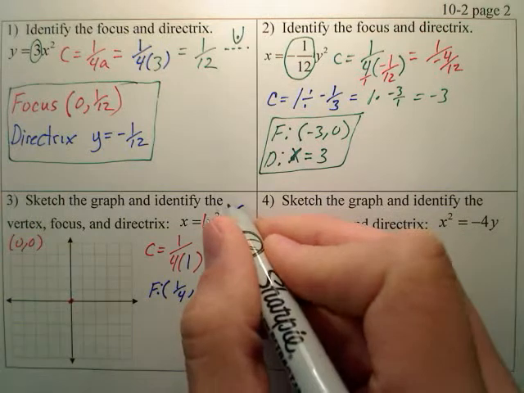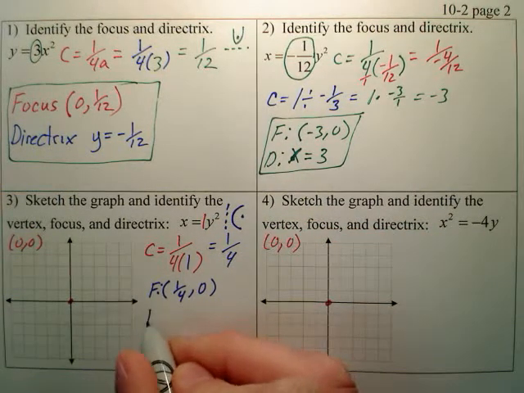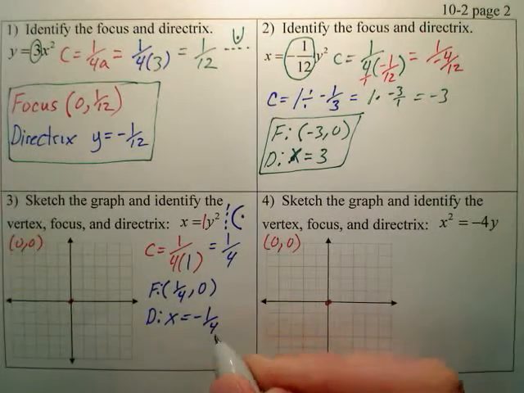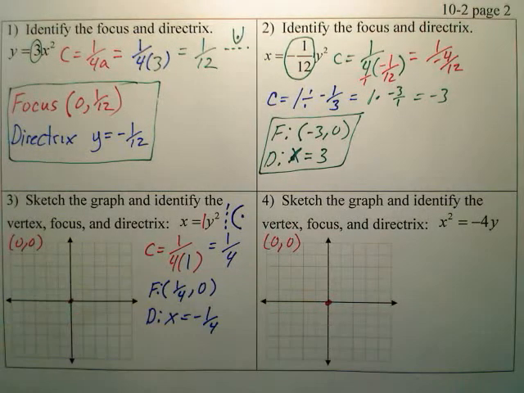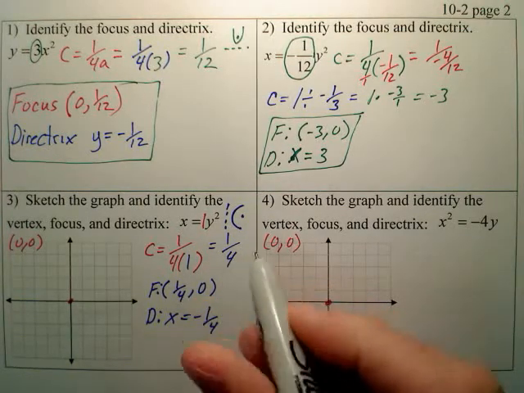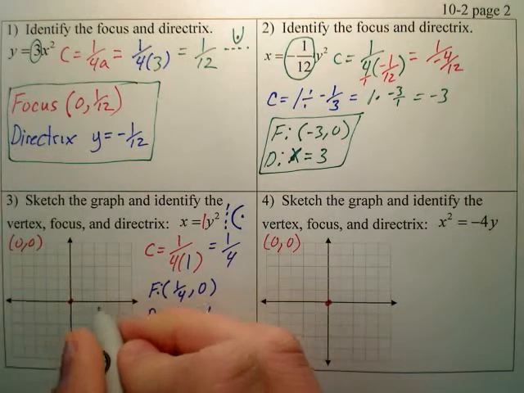And my directrix will be a line over here, in the opposite direction, and it's a vertical line. So my directrix is going to be x equals negative 1/4. So I got my focus, directrix, and vertex, and now we're going to graph it. Now, let's plot these, but since you can see these numbers like 1/4, I'm going to go by every other.